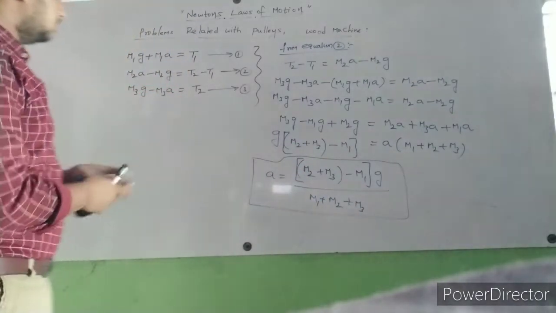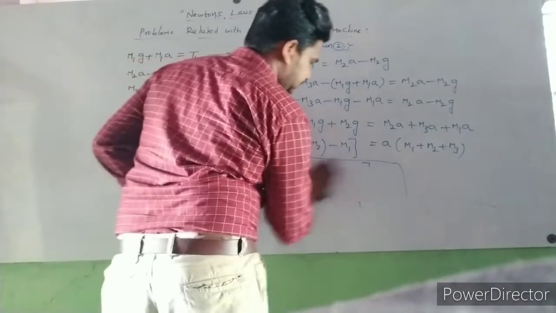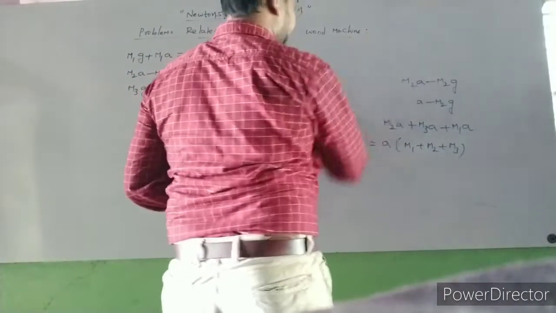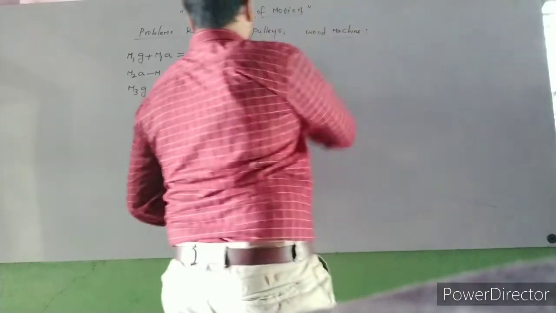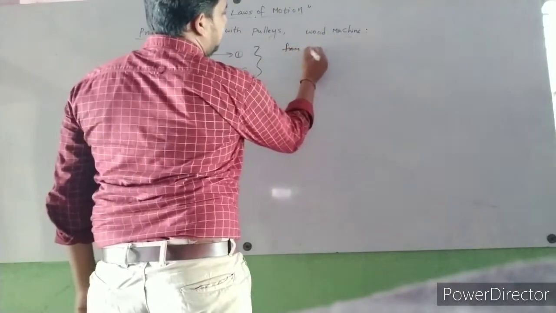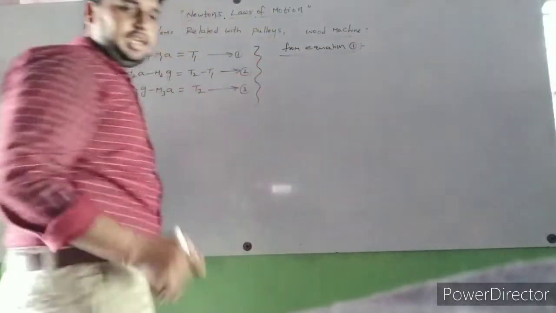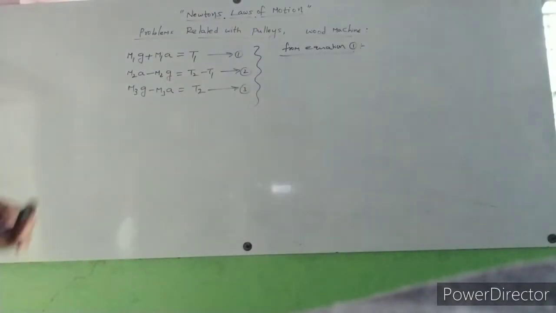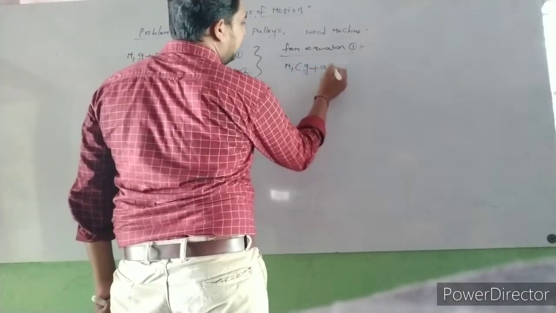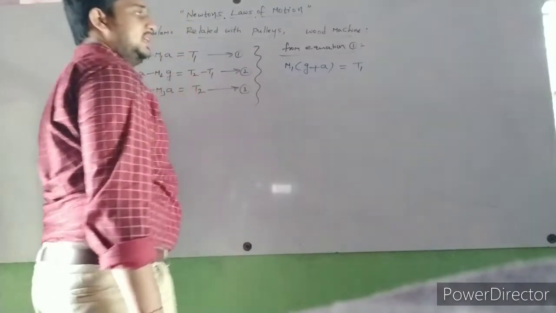Okay, so now from equation 1, observe carefully. What is equation 1? Taking M1 as common, M1 into G plus A is equal to T1.